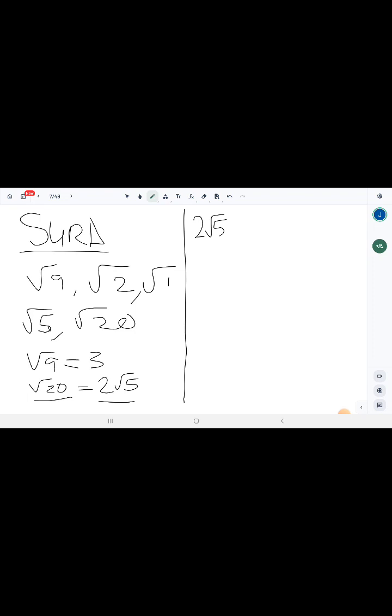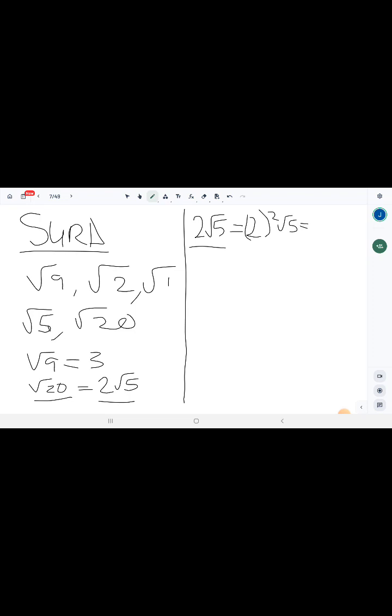Now, you will be given a basic surd, like what we have here, 2 root 5, and you'll be asked to convert from this basic surd to the surdic number. What you do is you say 2 squared, this should be in brackets, then the 5 would remain inside the square root.